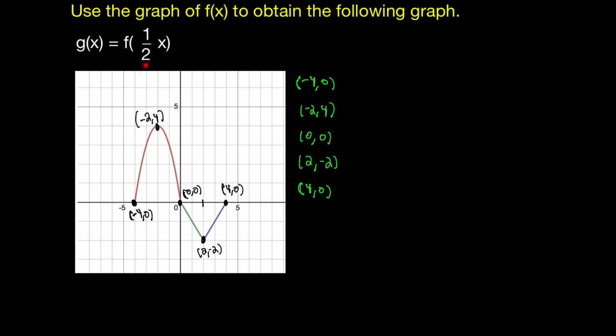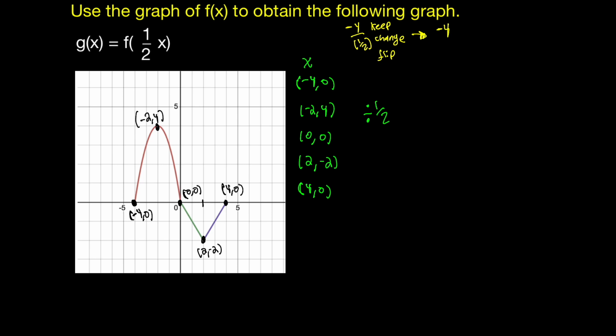Here I am going to divide each x value by 1/2. So I'm going to do these computations one by one. So I'm going to grab the first one. So I'm going to get -4 and divide that by 1/2. So -4 divided by 1/2, I'm going to keep change flip to do this computation.